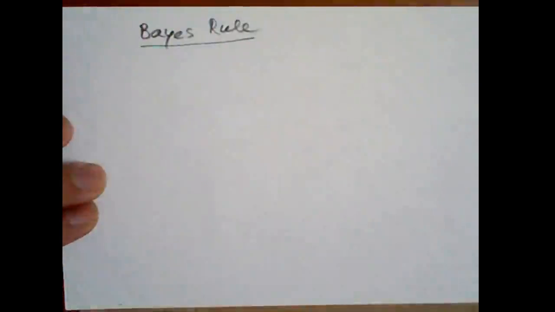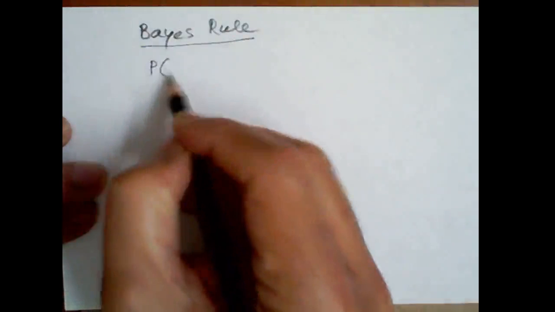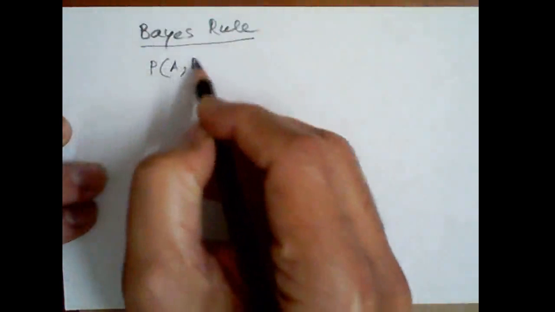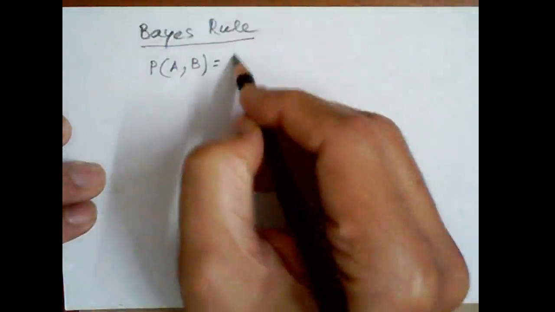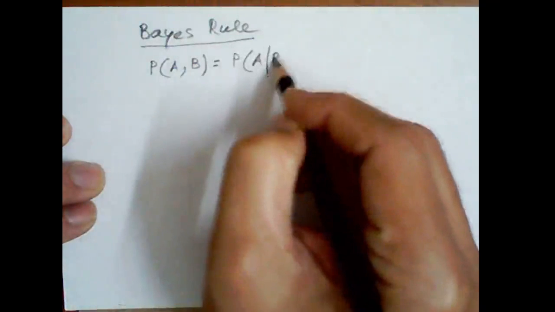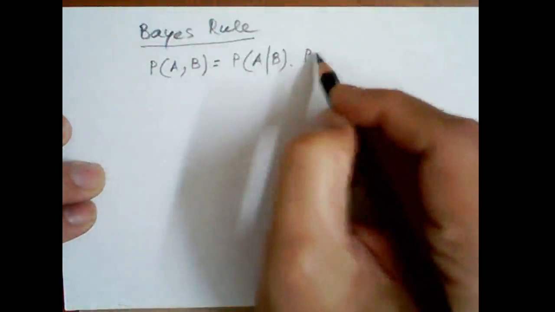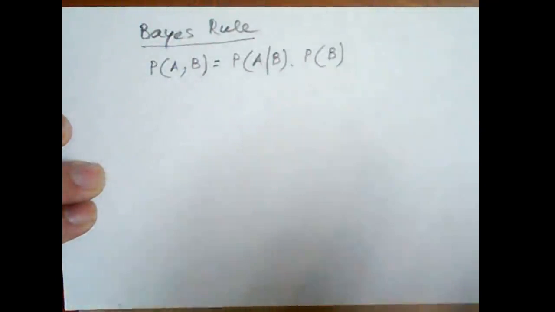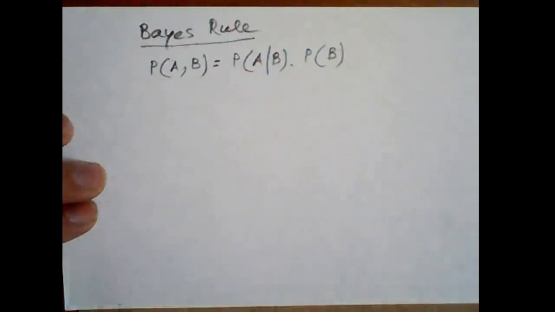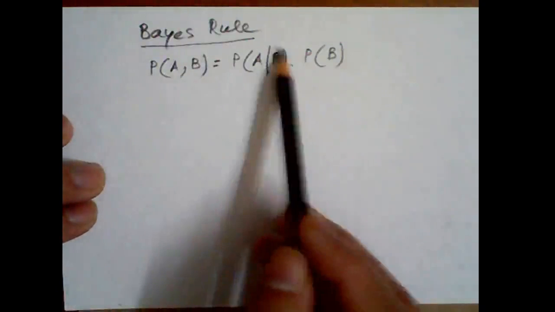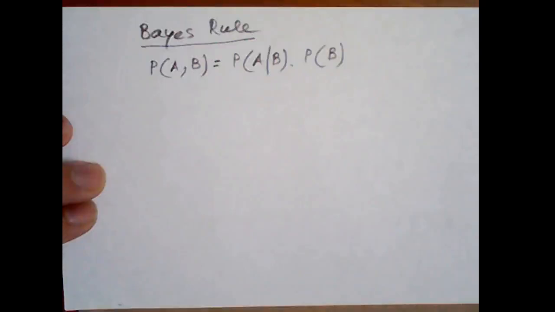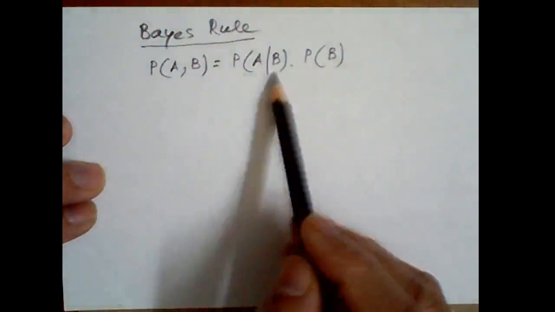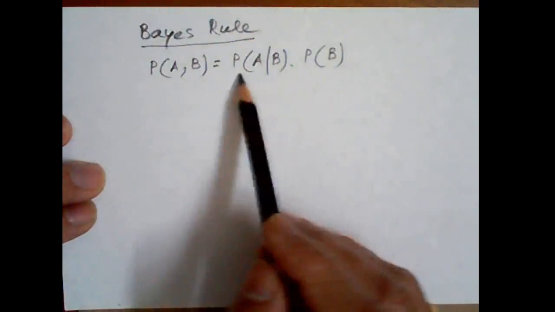Okay, so you are already familiar with this equation, probability of A comma B, that is the joint probability of A and B, is equal to probability of A given B times probability of B. And we have looked at how you can use simple tree diagrams to understand both the ideas of the joint probability as well as the conditional probability. All right, so let's look at what conditional probability allows you to do.